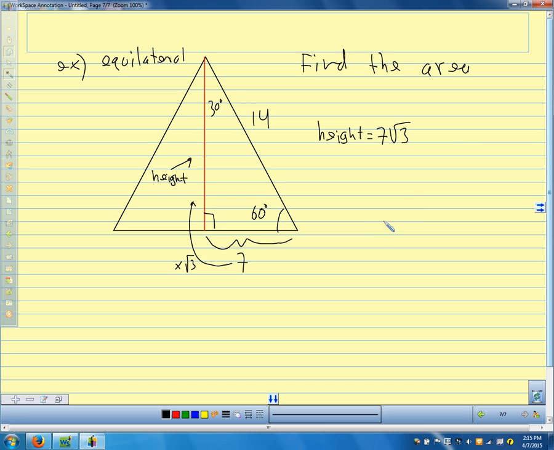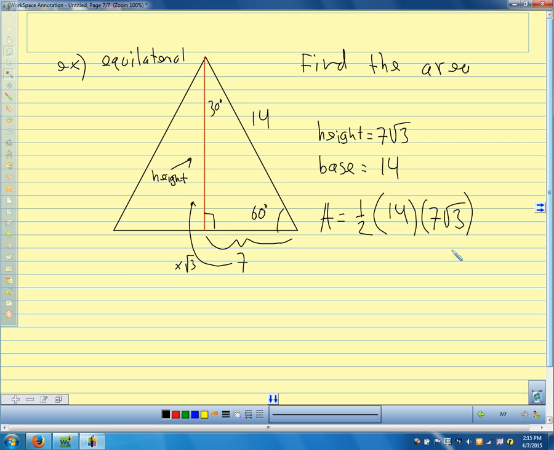What's the area of a triangle? The formula. Base times height divided by 2. What's the base of the equilateral triangle? The equilateral triangle, the whole big triangle? 14. So the area is 1/2 the base, 14, times the height, 7 square root 3.